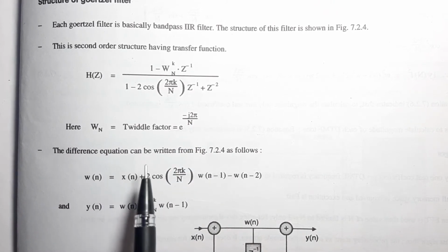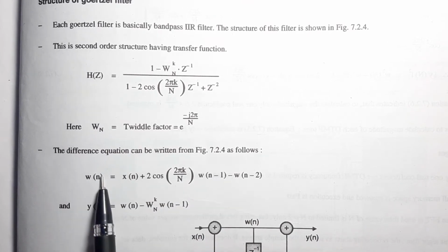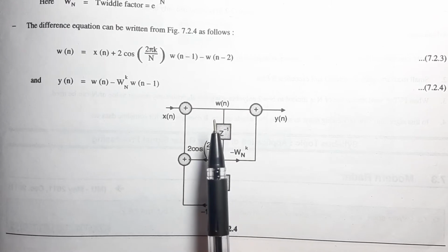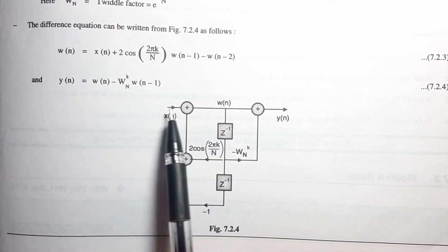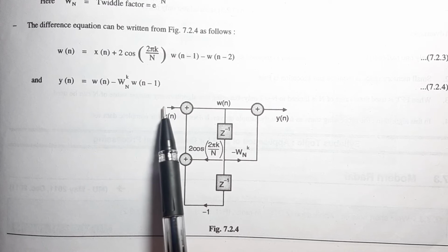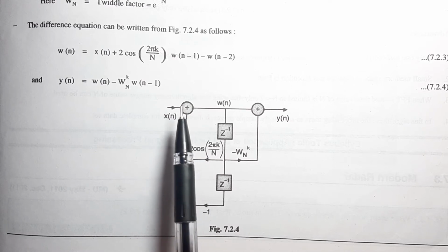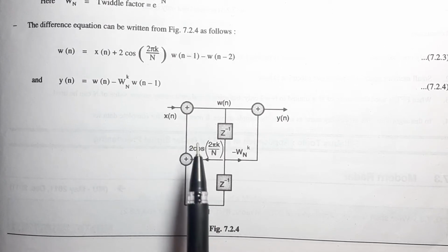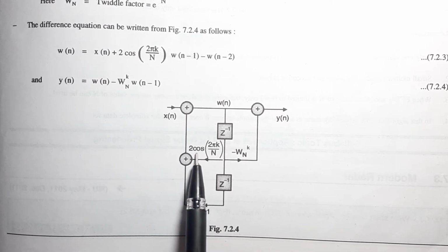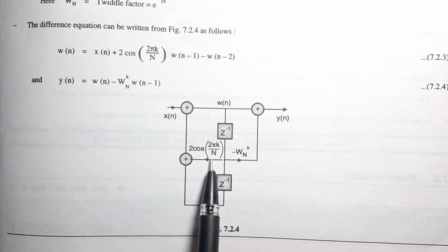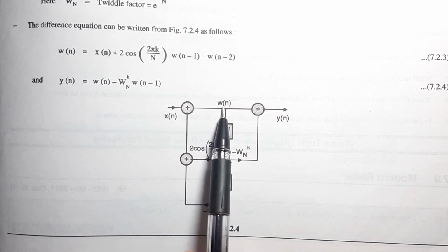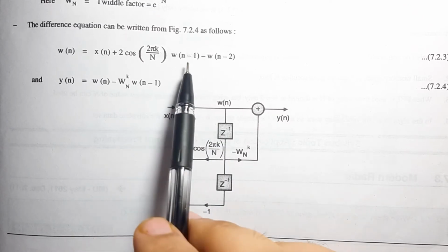Now, the difference equation can be written as follows. w(n), if you can see this equation over here, is x(n) plus 2 cos(2 pi k/N) times w(n minus 1), which is delayed by 1, as you can see over here.